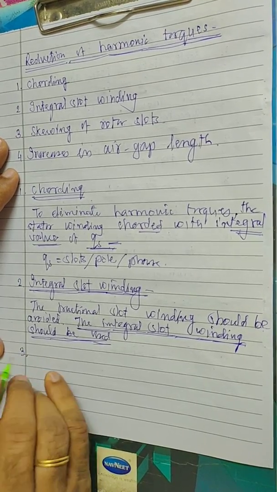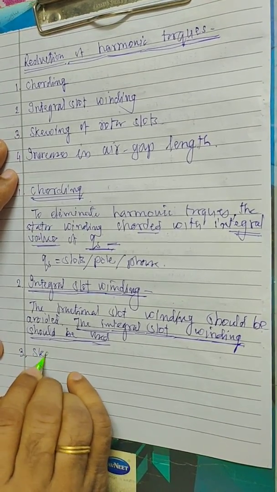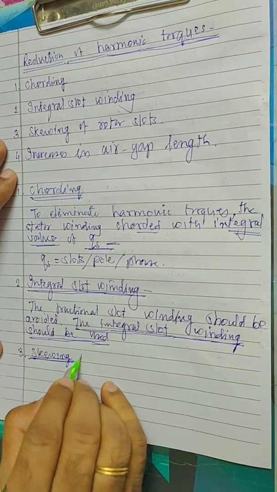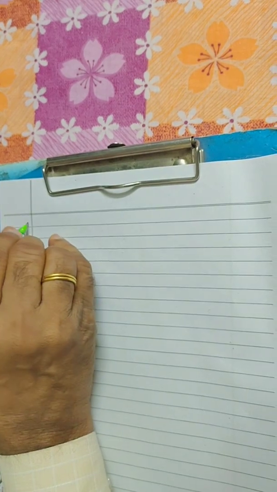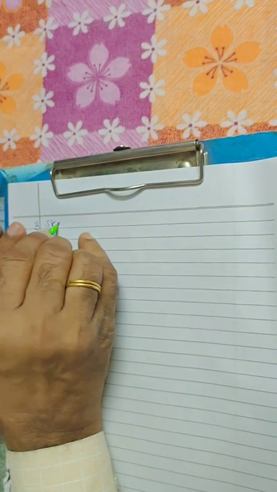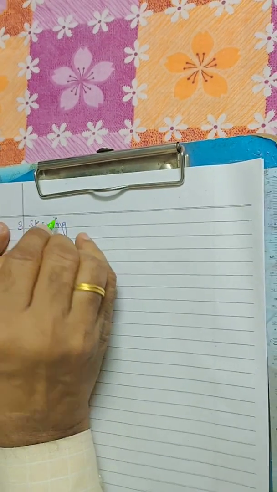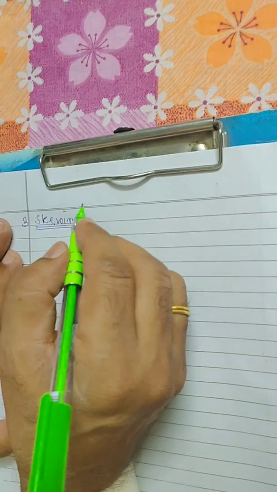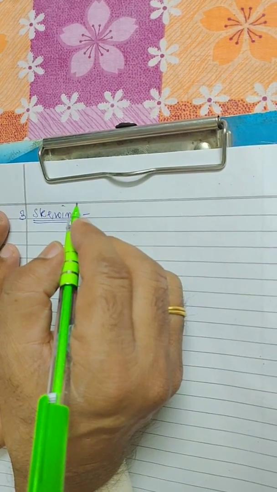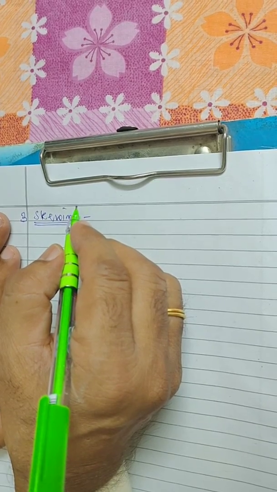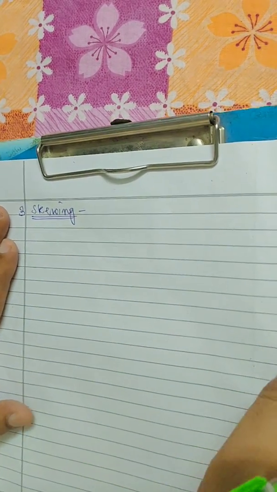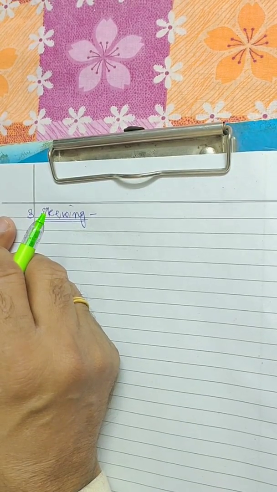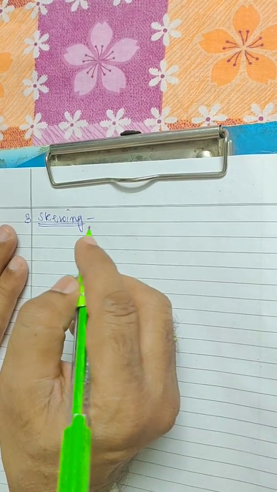Method number 3 is skewing. Motor noise, vibrations, and cogging can be entirely eliminated by skewing either stator or rotor slots.